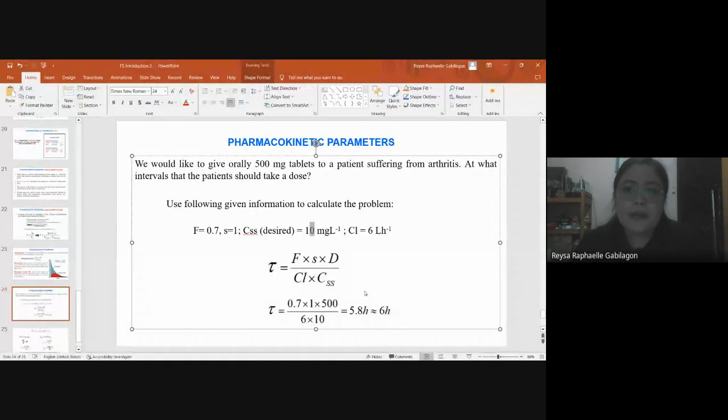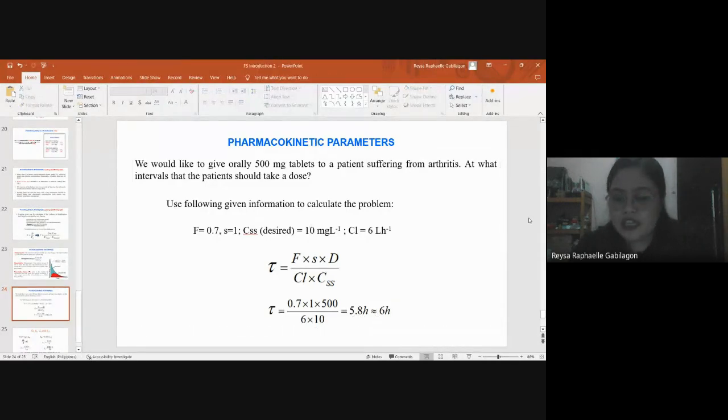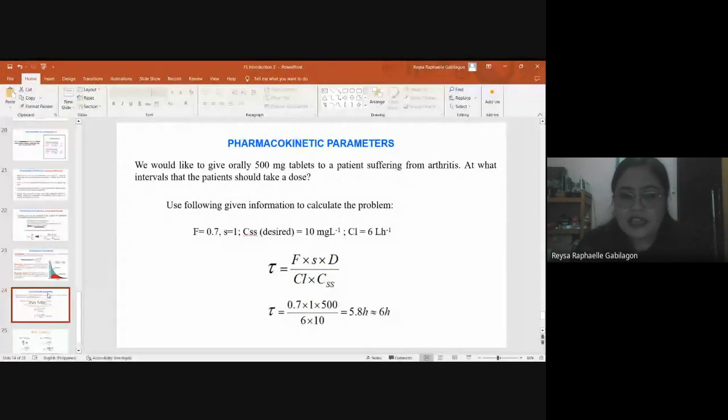If we do the math, we have here 5.8 hours, or pwede siyang i-round off. So the interval for this 500 milligram tablet for the patient merong arthritis is every 6 hours. Okay, so yan yung pwede natin gamitin na formula.